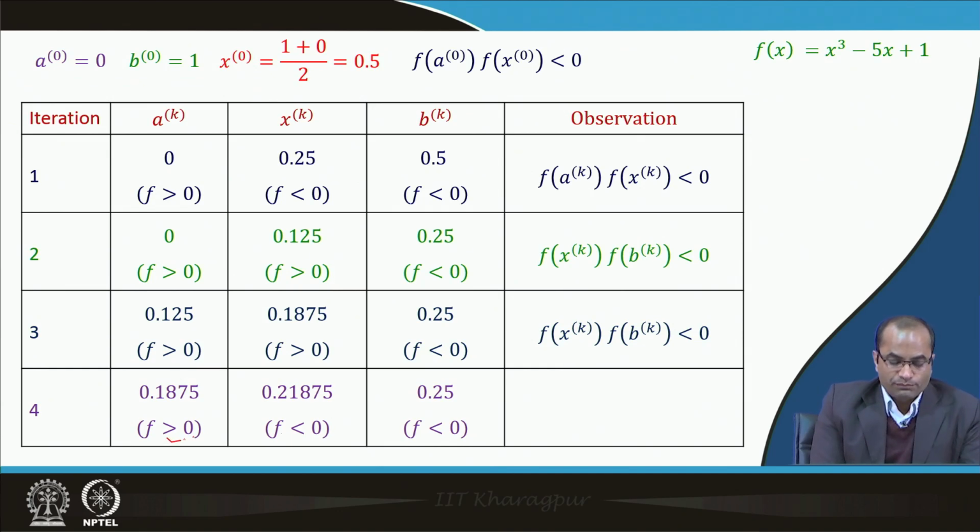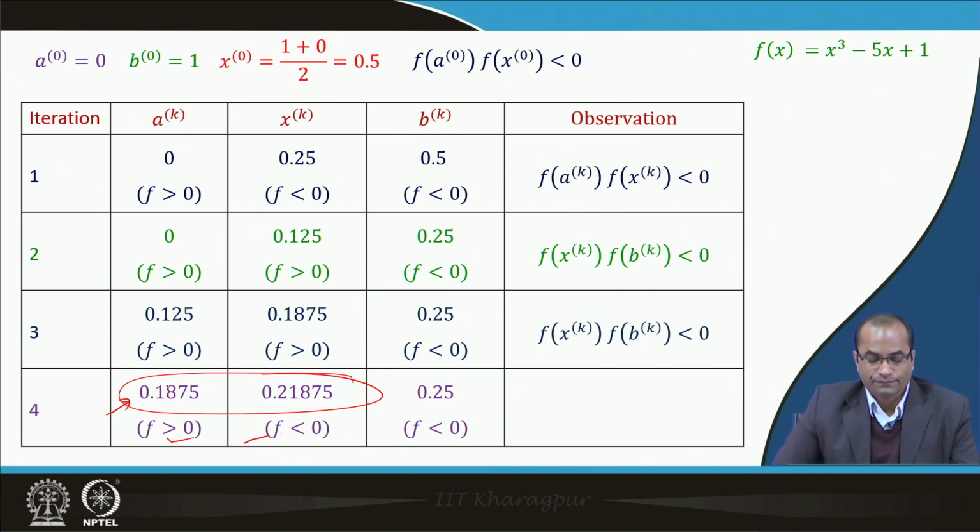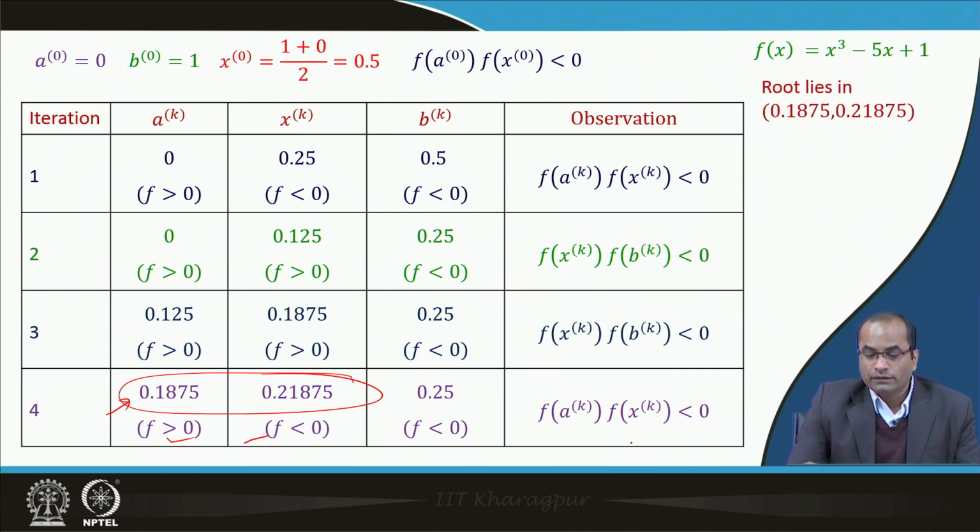Having this now, it is positive, negative, that means we know that after this 4th iteration our new interval is 0.1875 and 0.21875. So, the root lies between 0.1875 and 0.21875 after the 4th iteration.